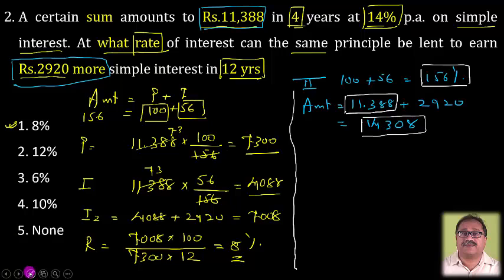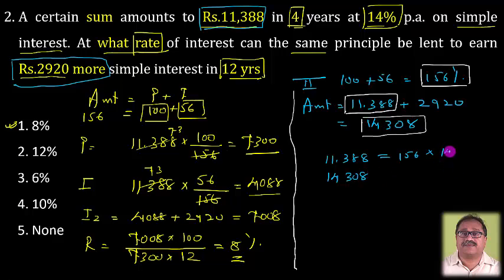Let's put them into the equation. 11,388 is equal to 156%. Then 14,308 is what percentage?